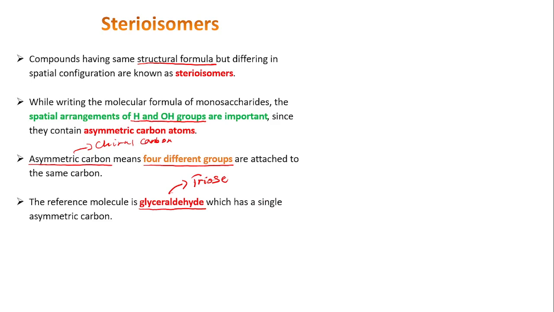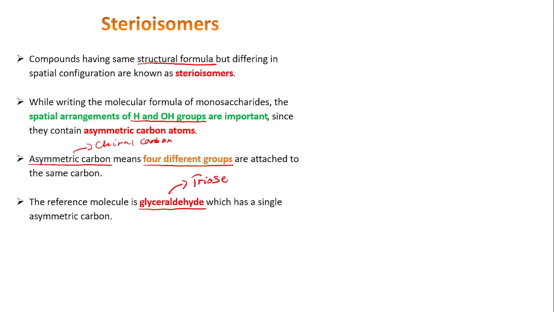We are talking about glyceraldehyde. We know that these types of isomers can also exist in glucose, galactose, and fructose. They can exist in any monomer which has a chiral carbon.